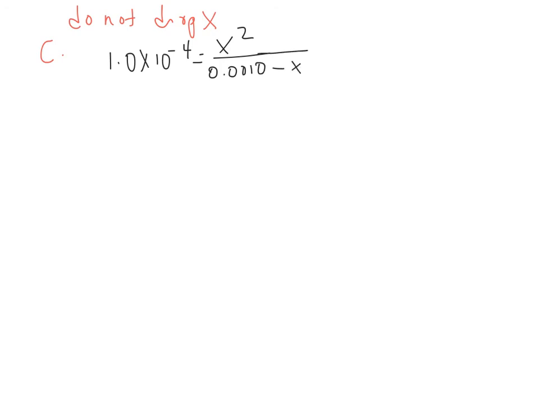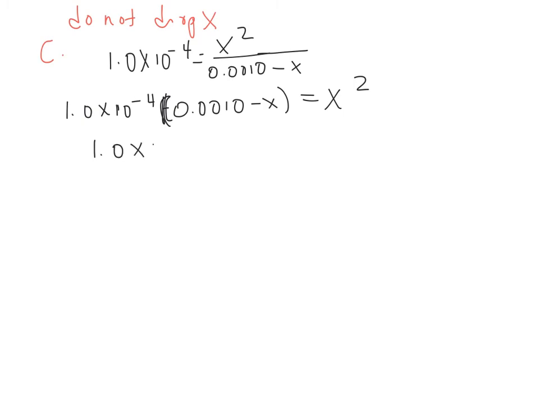Now we have to multiply it out. 1.0 times 10 to the minus 4 is multiplied times 0.0010 minus x equals x squared. So this is 1.0 times 10 to the minus 7 minus 1.0 times 10 to the minus 4x is equal to x squared.